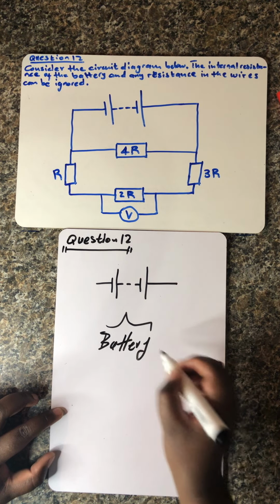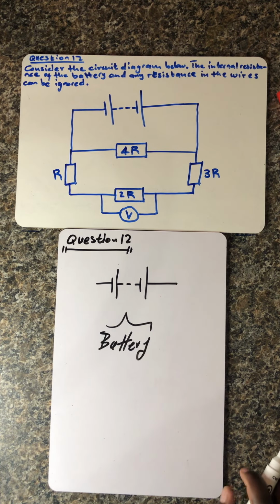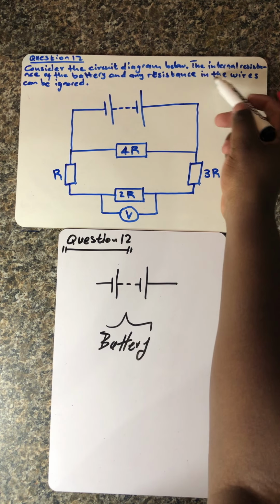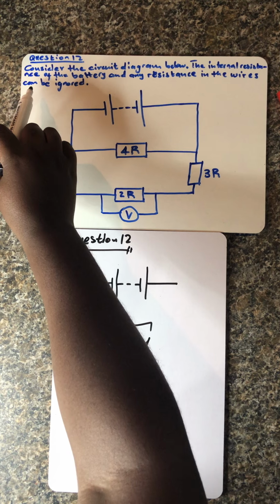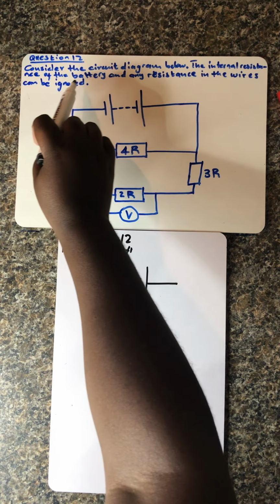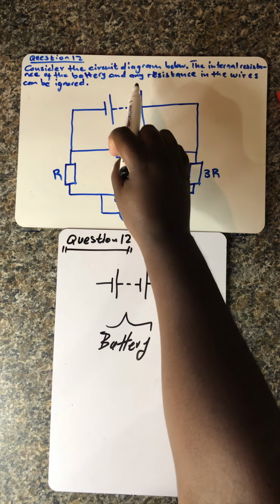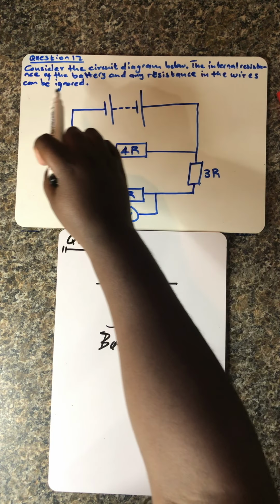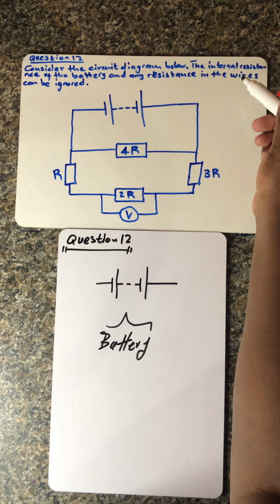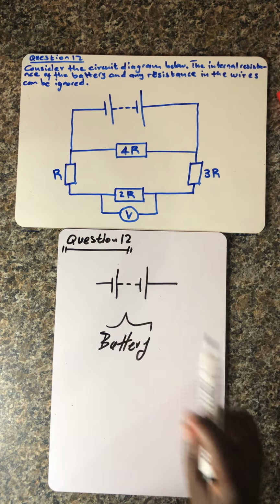I hope you remember that the statement said the internal resistance of the battery and resistance in the wires can be ignored, but I just wanted the part where they say the internal resistance of the battery.